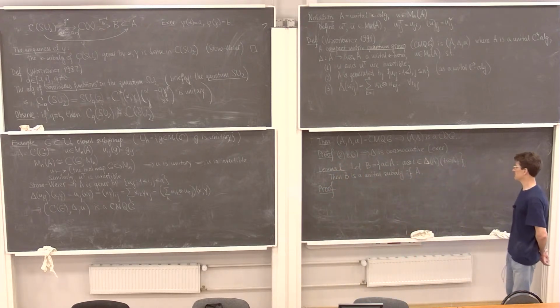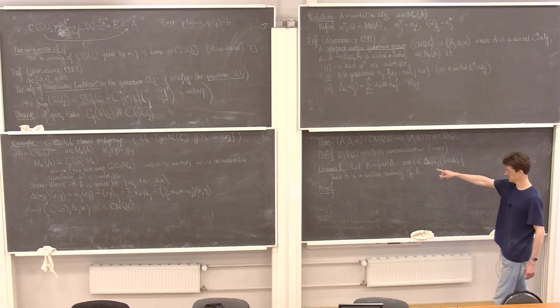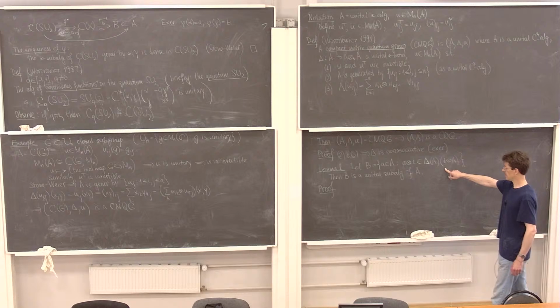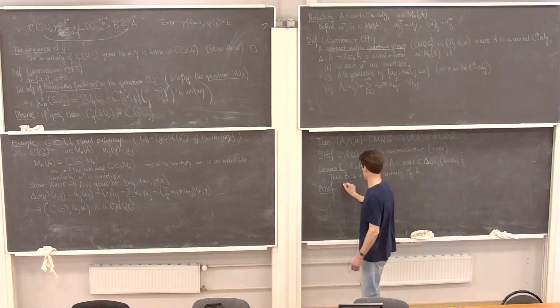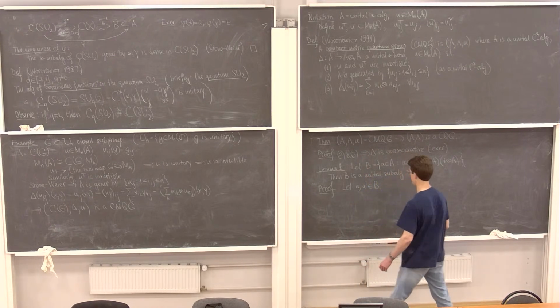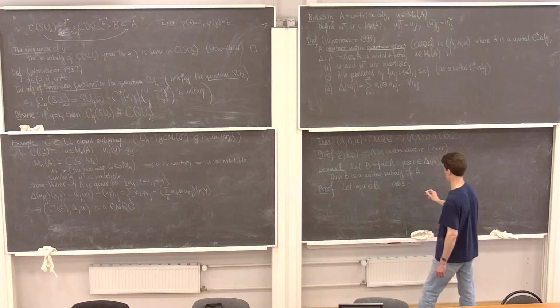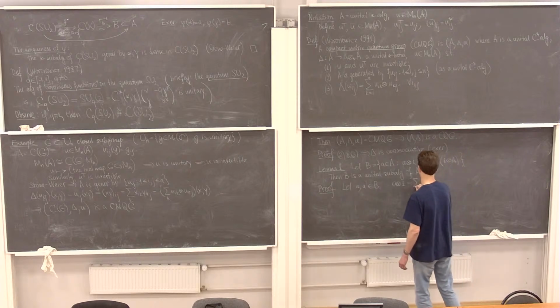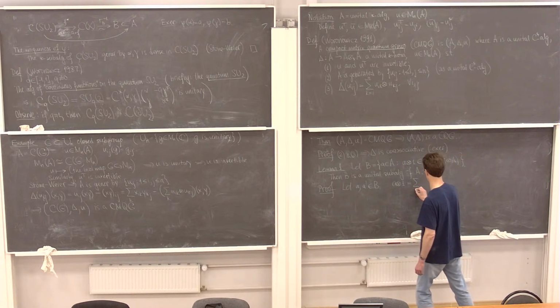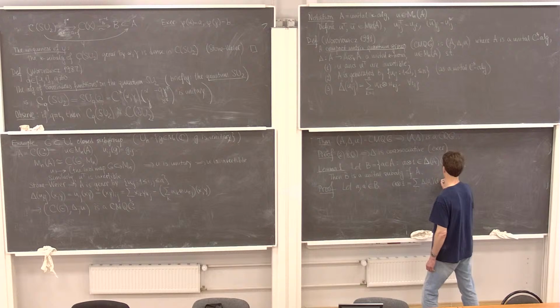Well, why is it so? First of all, it's clear that B is a vector subspace of A, and it contains the identity, because delta is a unital homomorphism. So we have to show that the product of two elements in B belongs to B. We'll suppose that a and a prime are two elements of B. So by assumption, a tensor 1 can be written as a finite sum over, say, i, delta of a_i, 1 tensor b_i.